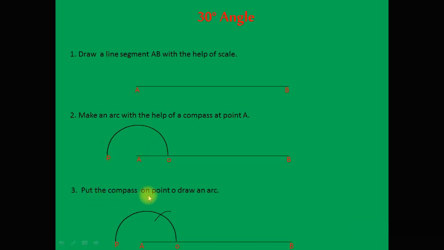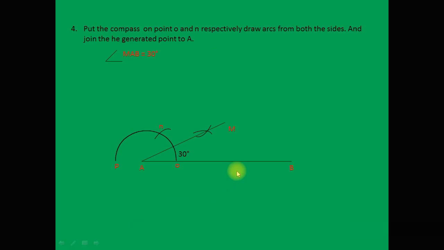Now put the compass on this point O and draw another arc. This cut point is the another arc. Now put the compass on point O and this point N respectively and draw arcs from both the sides.